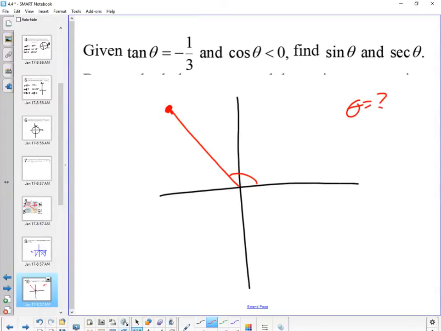But how do I know it wasn't this? That would give me the same terminal point, wouldn't it? How do I know it wasn't a negative angle? Regardless of which one of those 3 it is, they would all stop here, correct?